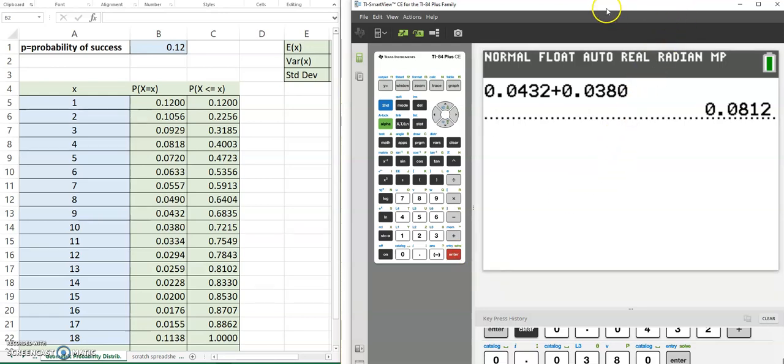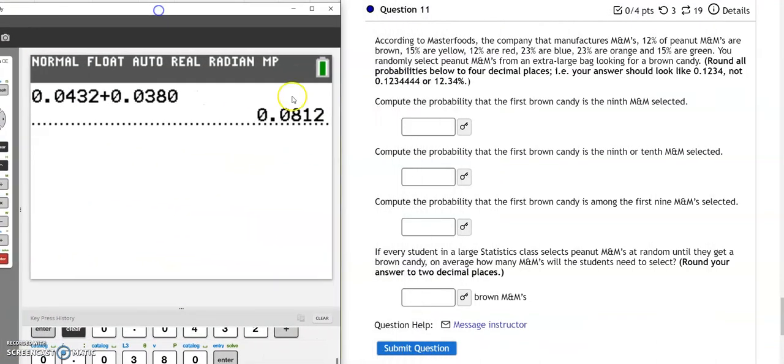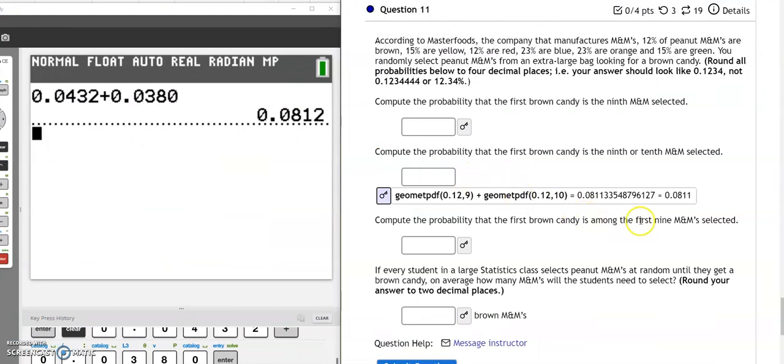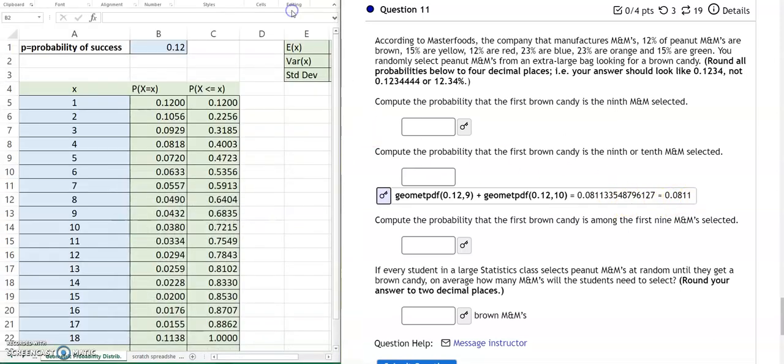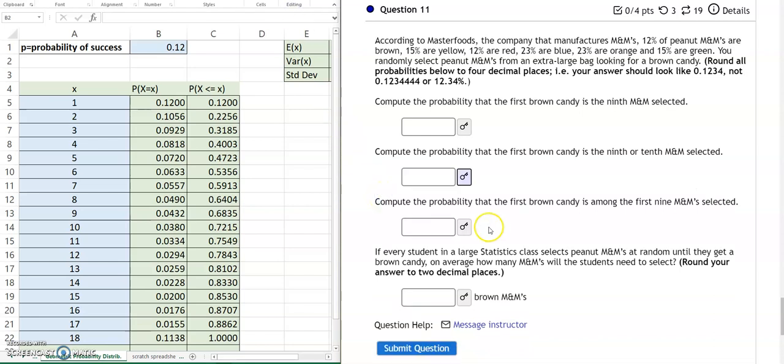So we look to see if that matches with what we're supposed to be getting, and theirs is rounded slightly differently because they used Excel when they added their functions on both of them, and it ended up with this answer. So they're about the same. So if you enter either 0.0812 or 0.0811, both answers should be correct in the MyOpenMath.